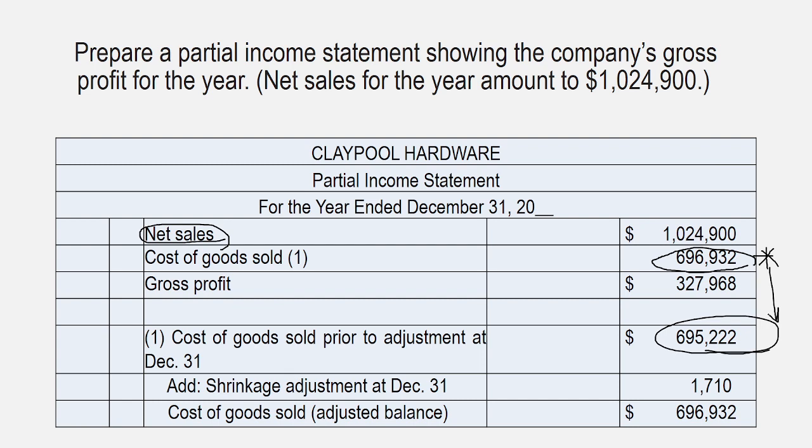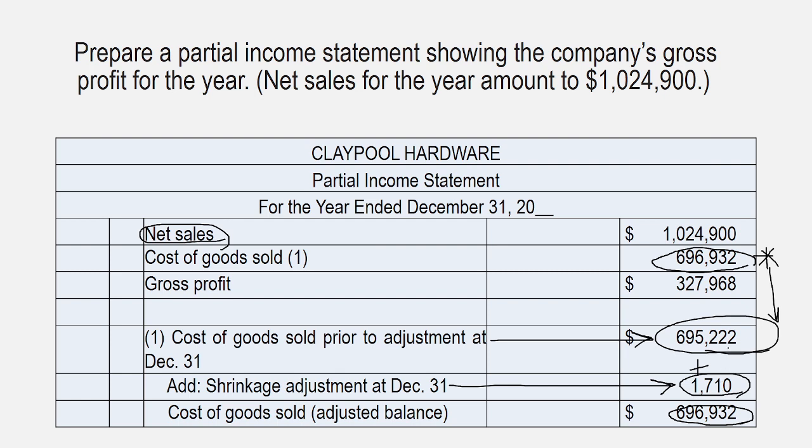First, initial cost of goods sold 695,222 plus shrinkage adjustment, and in this case the shrinkage adjustment equals 1,710, and the total cost of goods sold equals 696,932. The initial cost of goods sold plus any adjustment that takes place during the period, and in this case the adjustment for shrinkage equals 1,710.